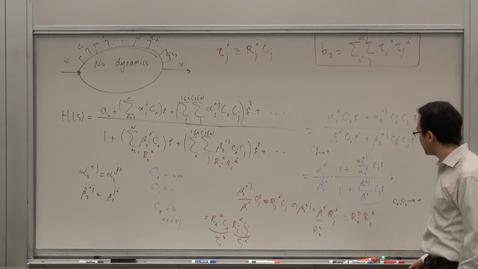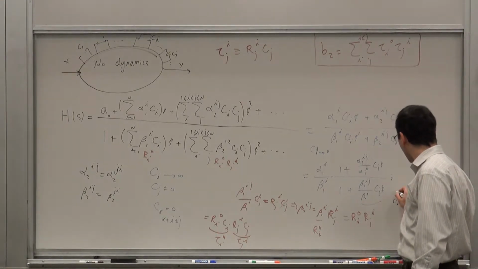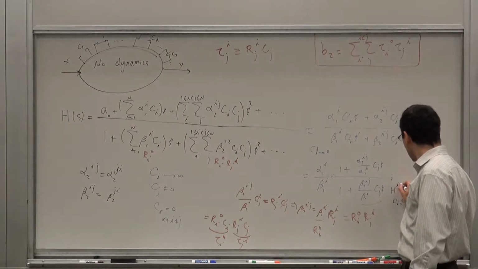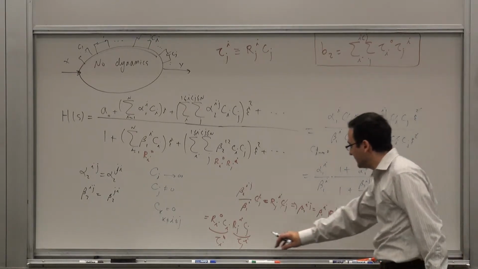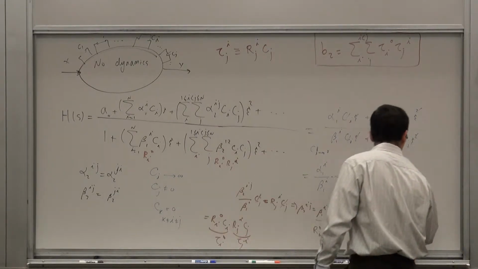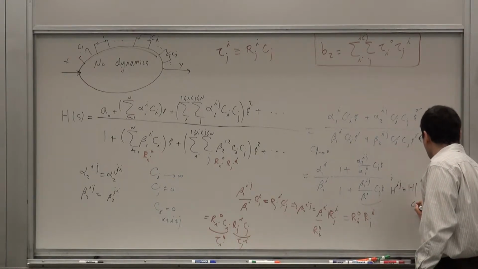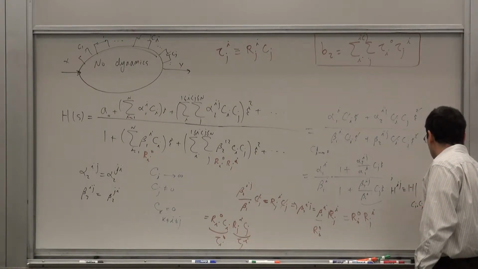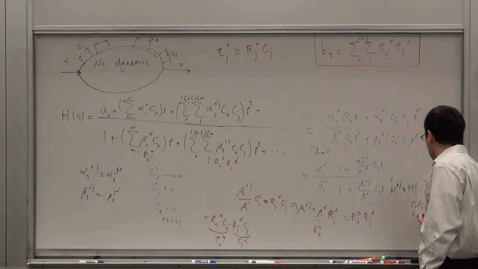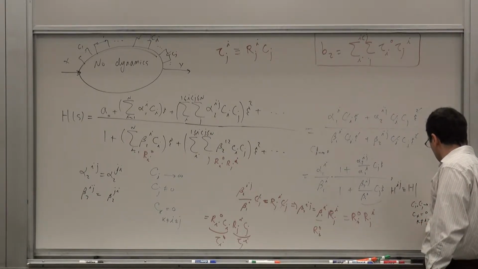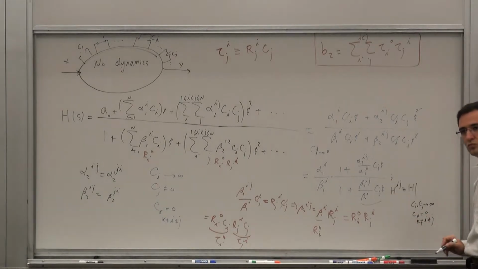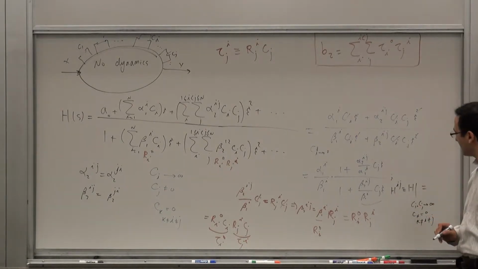I define Hij as H when Ci and Cj go to infinity, and everything else is 0. So I define it as that, and what do I have?